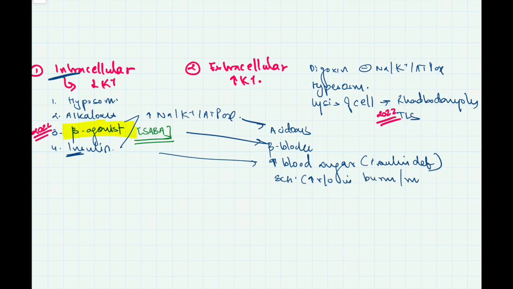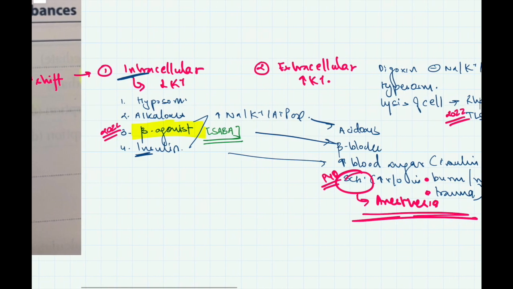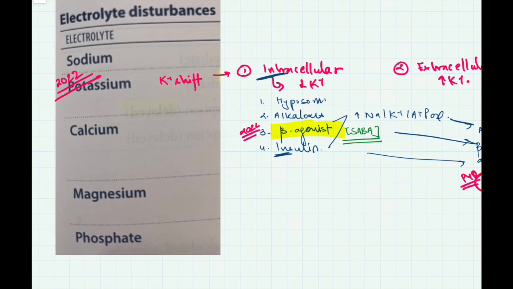Therefore, this is an important question, PYQ, that succinylcholine is contraindicated in burns patient and trauma patient, right? This we will study in anesthesia also. Now talking about the ECG changes, so in hypokalemia we can see U waves, right, flattening of T waves.